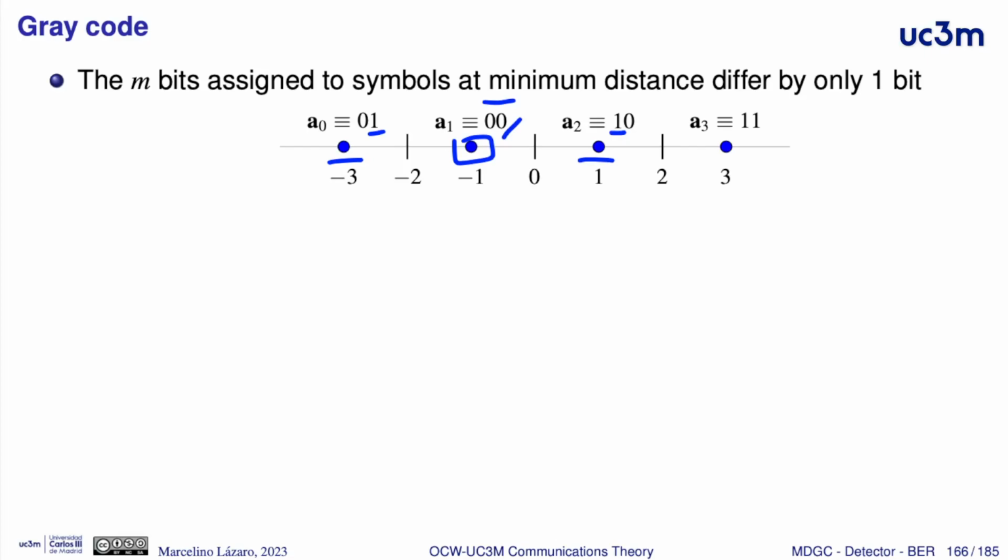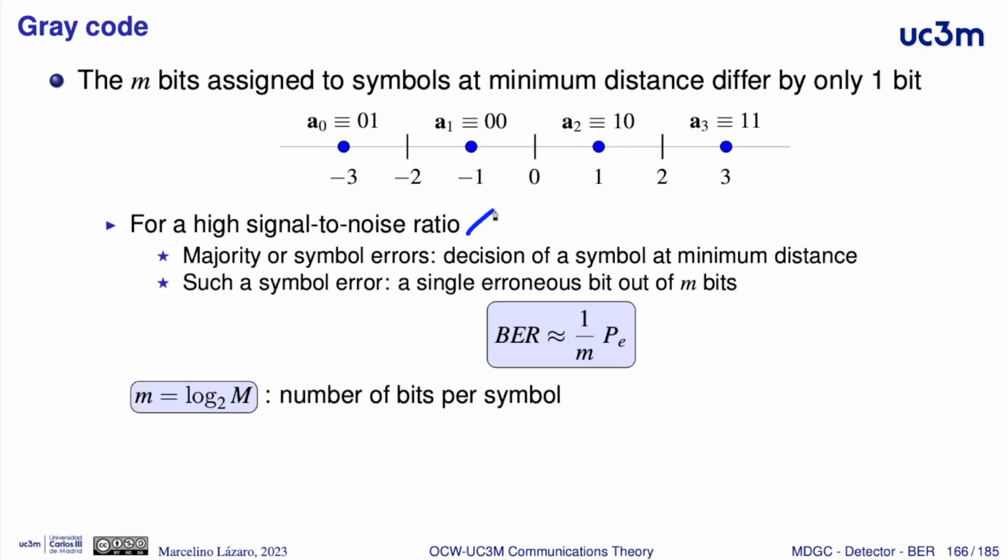Why? Because when we have a relatively high signal-to-noise ratio, most of the errors that happen at symbol level are with symbols at minimum distance. If we transmit a symbol, in most of the cases, the mistake will be with a symbol at minimum distance.